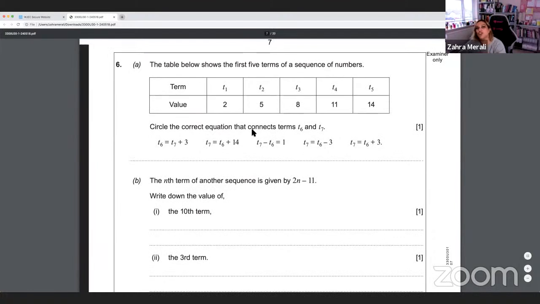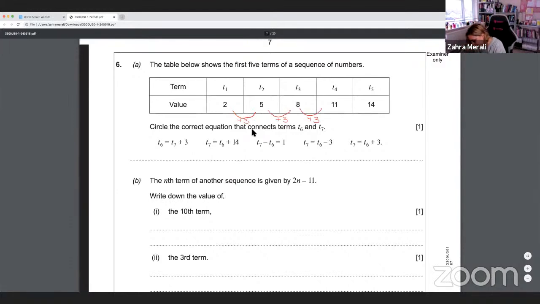Right, a table shows the first 5 terms of a sequence of numbers. Circle the correct equation that connects T6 and T7. All right, so if we have a look at this, what can we see is happening each time? How do I go from 2 to 5? I add 3. I add 3.